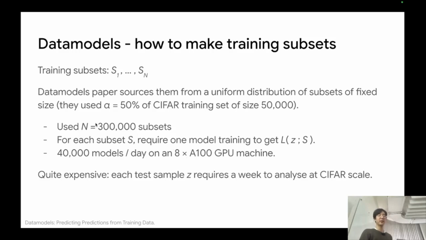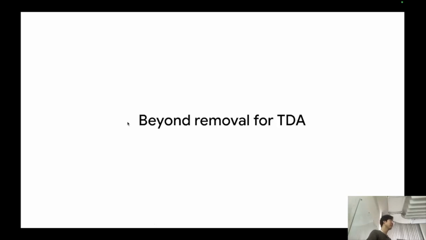But now with these 300,000 data points, they can fit this linear model. And they say it works well afterwards. Okay, so that's one example of how one could do group-wise data attribution to training data.